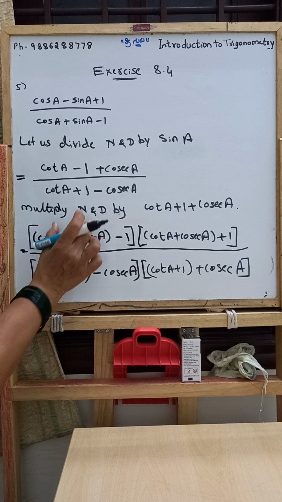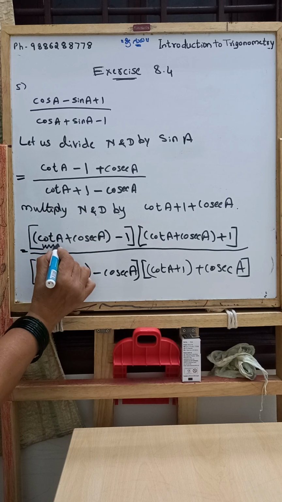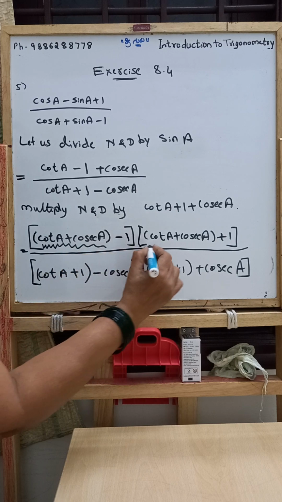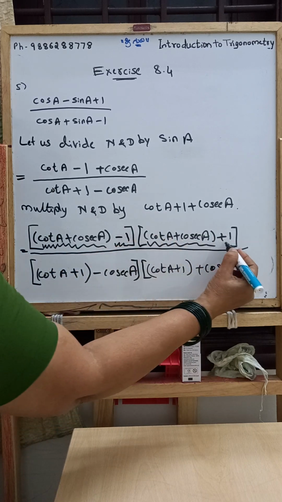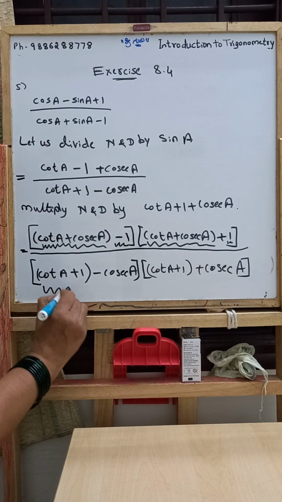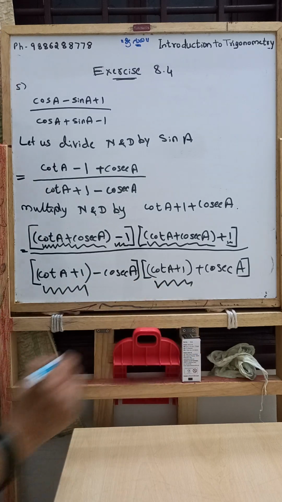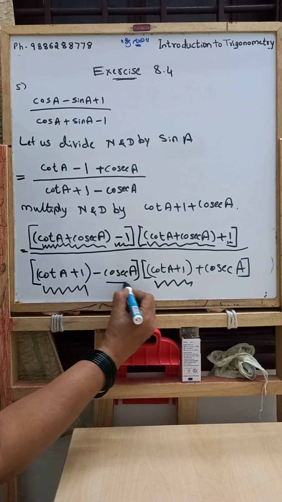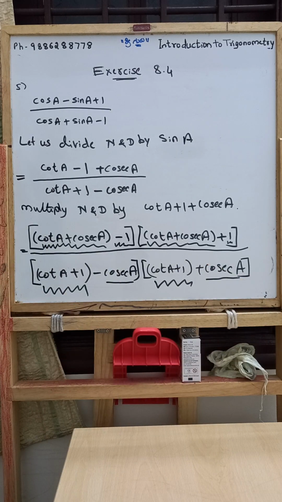So that in the numerator, we have this one and this one as the first term and this one as the second term. In the denominator, cot A plus 1 as the first term of this expression and cosec A as the second term in the denominator.